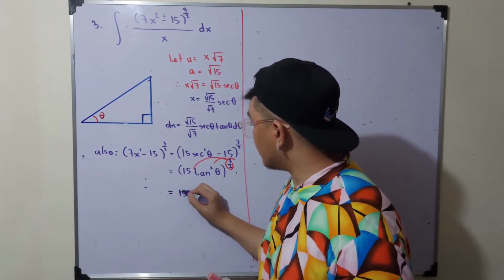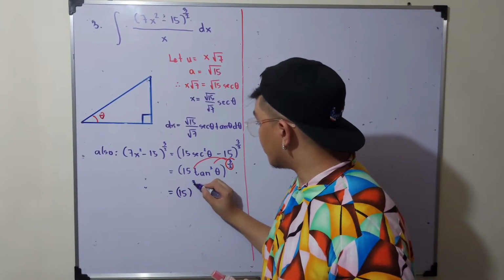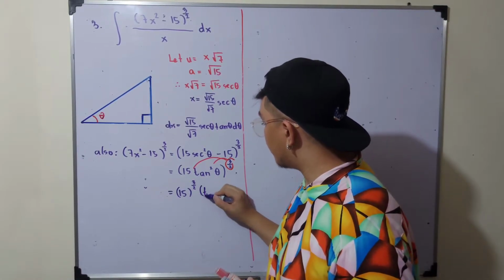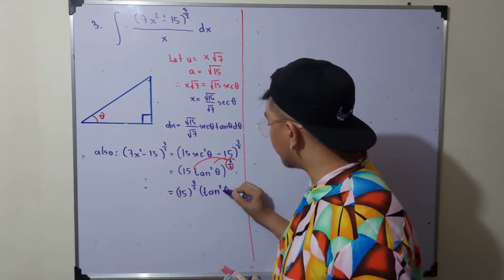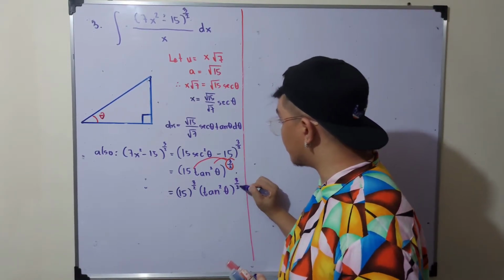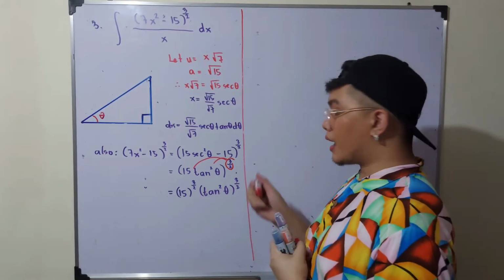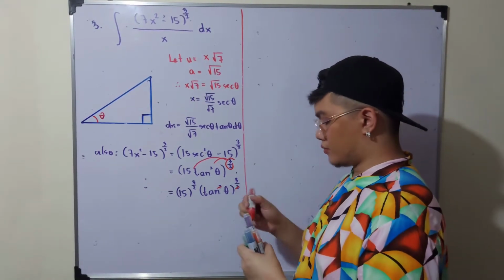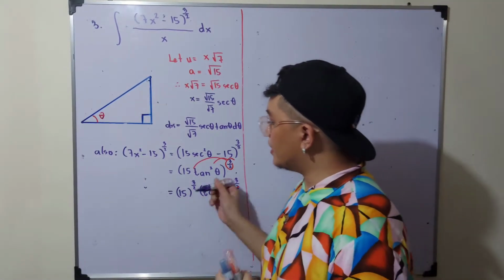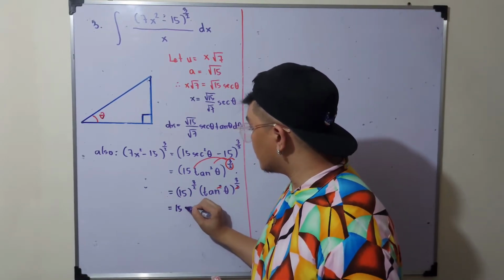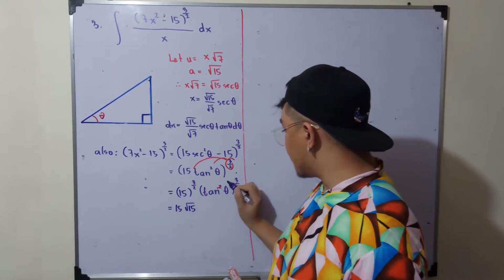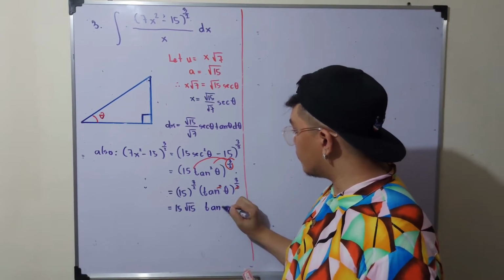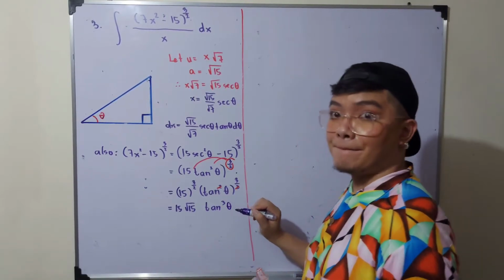Magiging 15 raised to 3 over 2. Tapos, quantity tangent squared theta raised to 3 over 2. Technically, magka-cancel to. Tapos, ito naman, magiging 15 square root of 15. And then, ito magiging tangent cube theta.